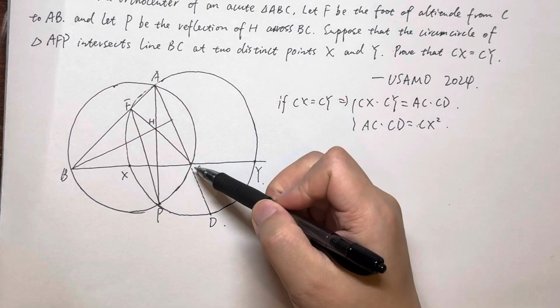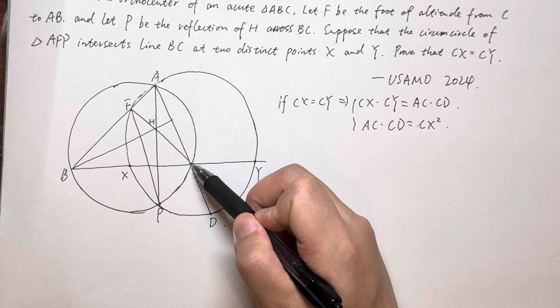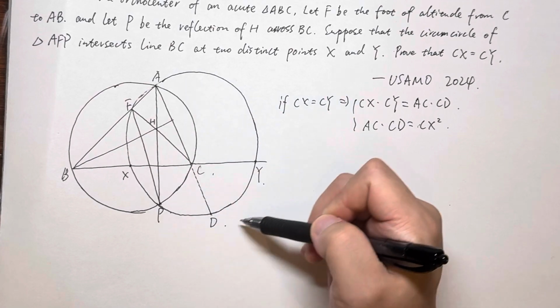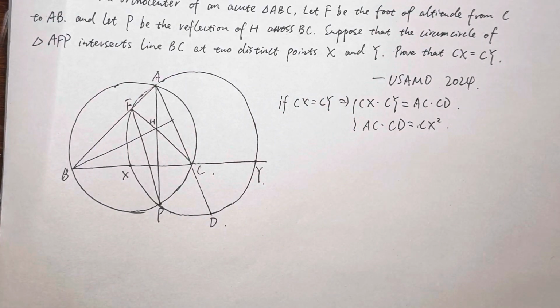Because AC times CD is the power of C with respect to circle AFP, which we don't have any more information about.